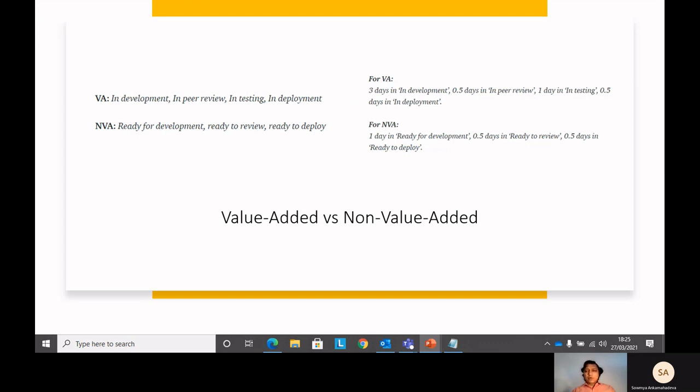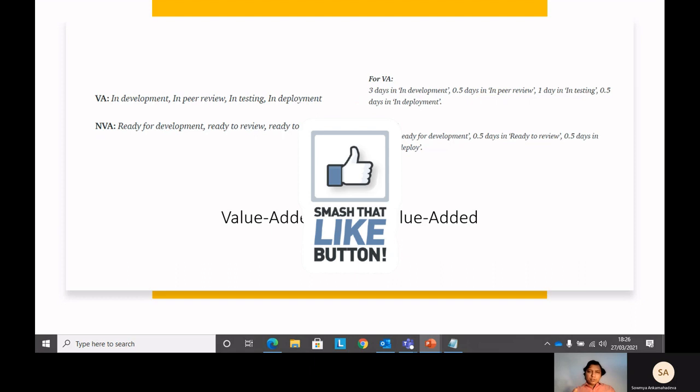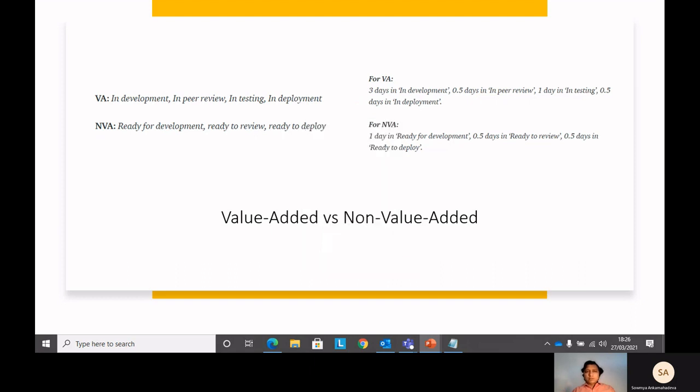In peer review, yes, you are adding value, because based on your review comments, that person again has to redo his coding. In testing, you will find a lot of bugs and issues that will enhance the quality of your code. And then you have to put it into deployment, and ultimately it will go into the hands of the clients or the end customer. So all these things are considered a value add.